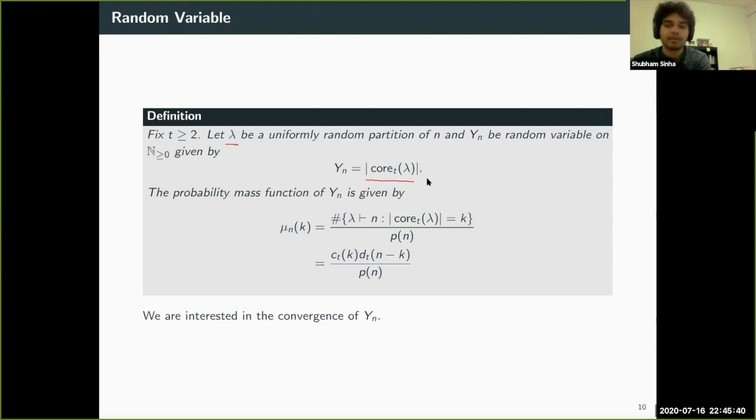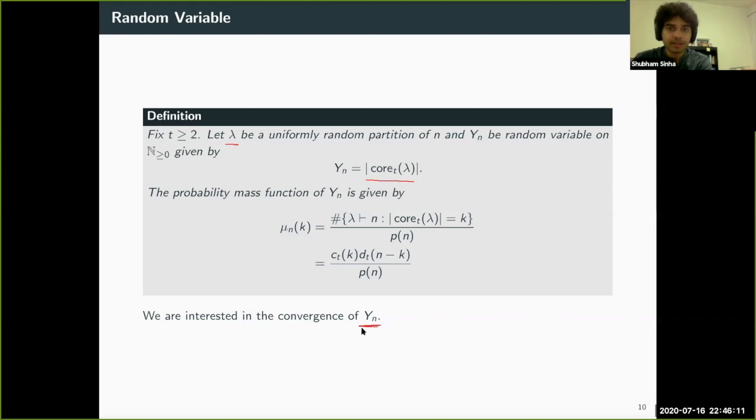The probability mass function of Y_n can be shown to be the number of partitions whose core is of size k over the number of partitions in total of size n. And using the partition division, which we described earlier, it can be written in terms of the number of t-cores and the number of t-divisible partitions of certain sizes over p(n).